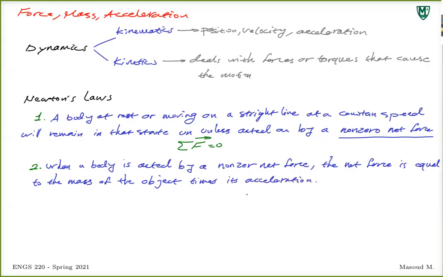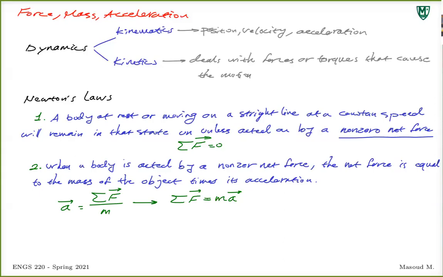Typically, we say it the other way around: if there is a non-zero net force, then the acceleration is that net force divided by the mass. You can rewrite this in a better way: summation of forces is equal to ma. That's the form we're familiar with.